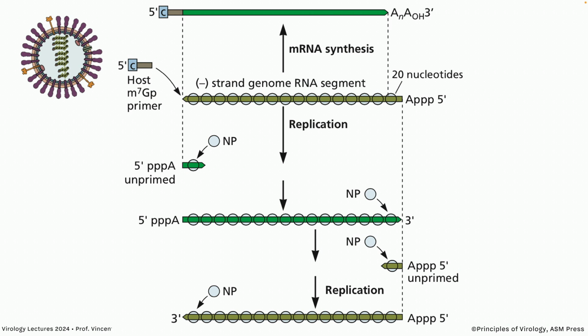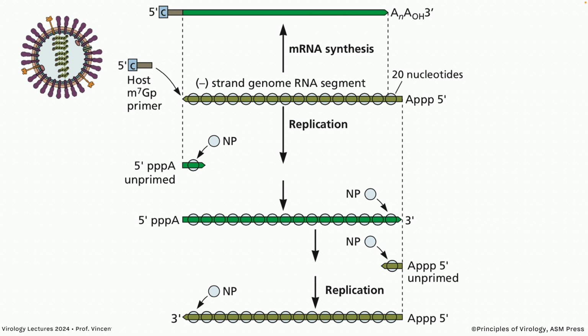And at the end, the RNA is polyadenylated, but it falls short of the end of the RNA, so it's not a complete copy. And so at some point, you have to switch from mRNA synthesis to full-length plus strands because the mRNAs are not suitable for copying to make genomes. And again, the nucleocapsid protein is the key for that. When enough nucleocapsid proteins are present in the cell, the polymerase will no longer make mRNAs.